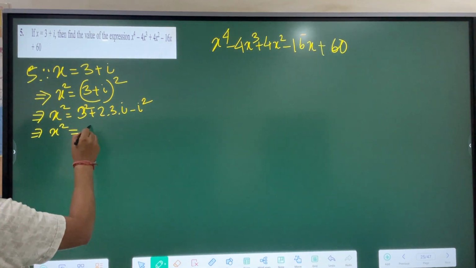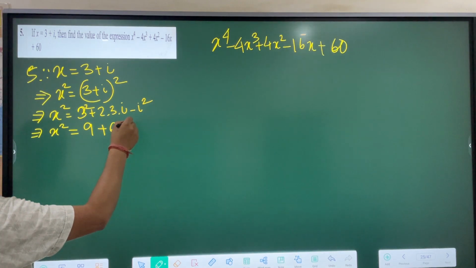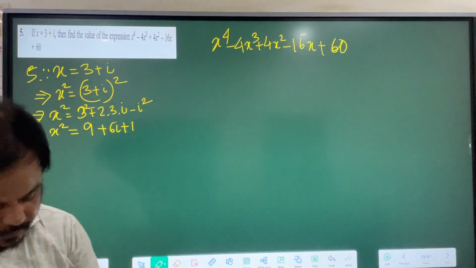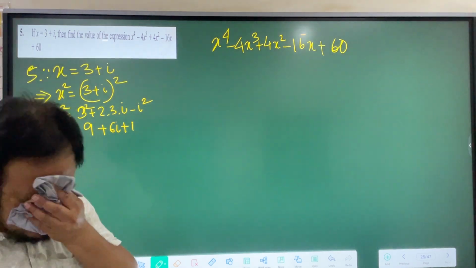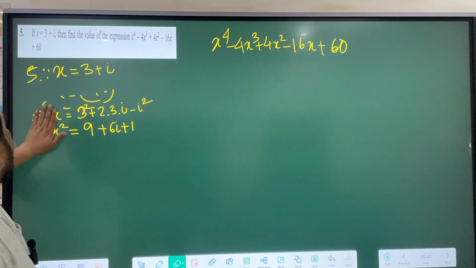X square, 3 square is 9 plus 6i minus means plus 1. Oh no, it is not like this. It will be longer.